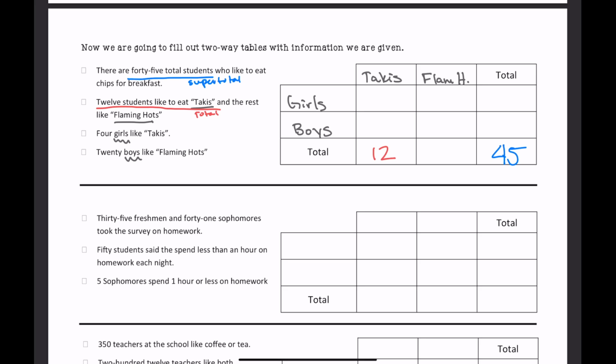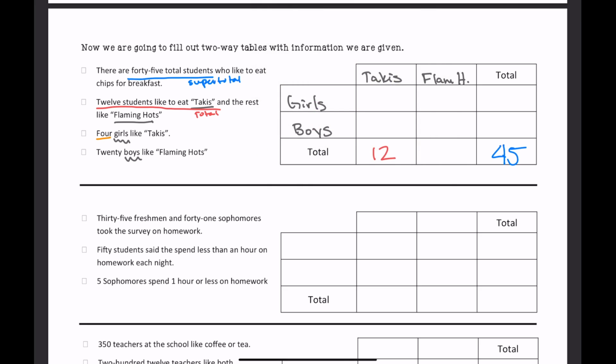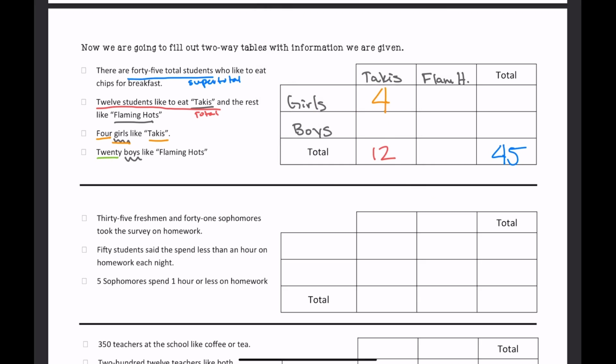Next up, we have 4 girls like to eat Takis. So we're looking for where girls and Takis cross paths, and that's right there, top left corner. Last one, we have 20 boys like Flaming Hots. So we're looking for where boys and Flaming Hots cross paths, which is the bottom right corner of our joint frequencies.